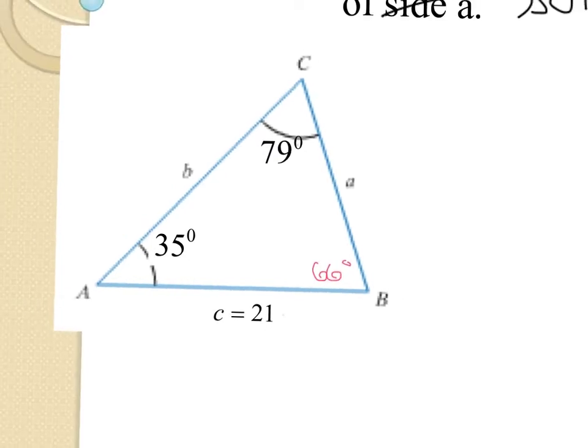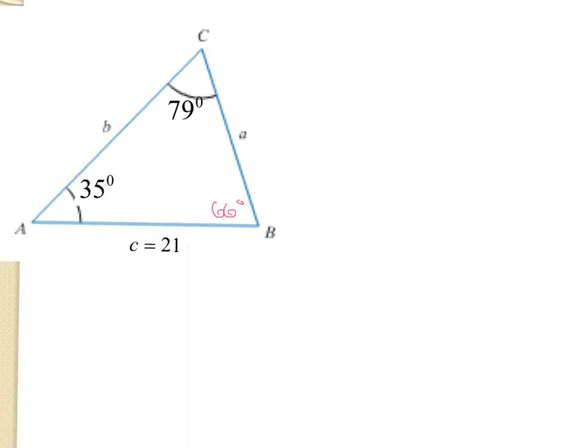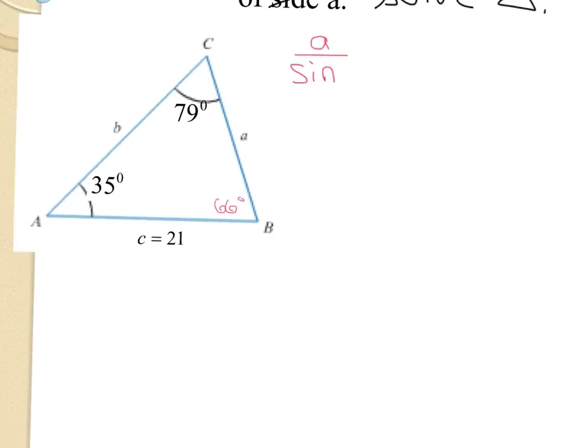Alright, so now we're interested in little a or little b. So my complete ratio is this one. Because we're looking for the sides, I'm going to go ahead and set up the ratios for both. Okay, so we're looking for little a over the sine of angle A, which is 35 degrees.